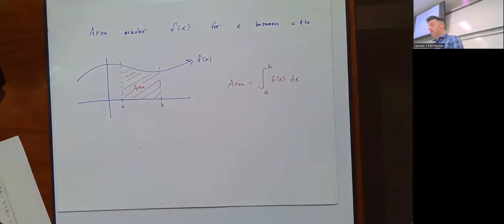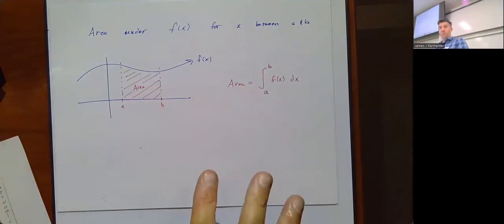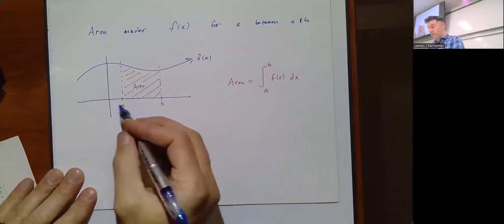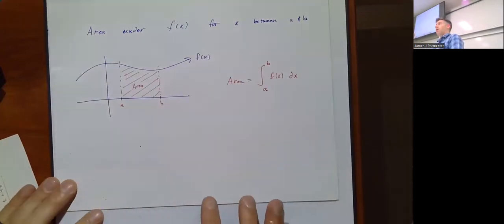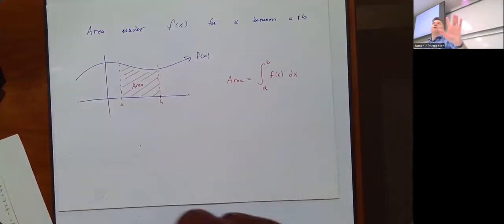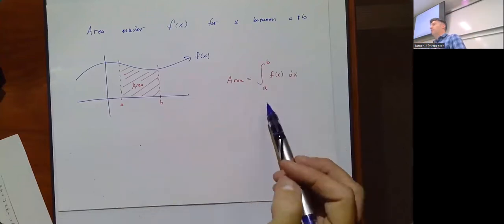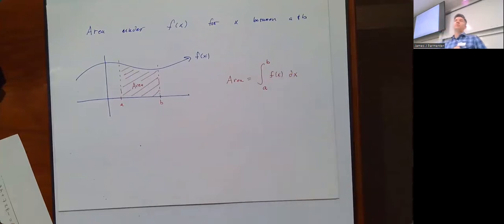All this means is the area under f of x between a and b, which is all we've written down here, right? That area between a and b under f of x. Okay, so here's where things really come into play. The way we're going to calculate this, and this is what's part of the fundamental theorem of calculus.